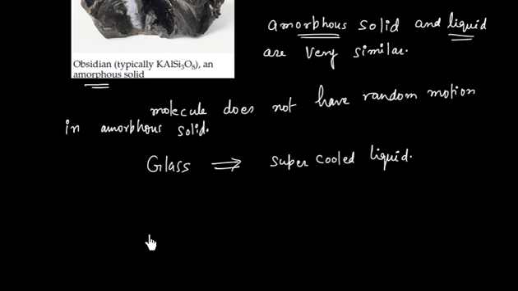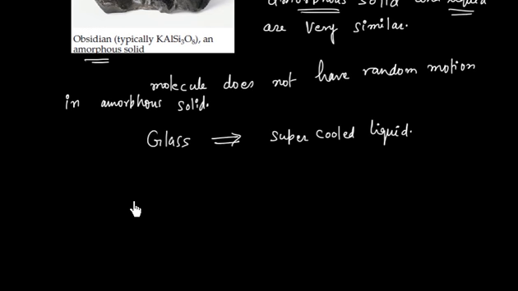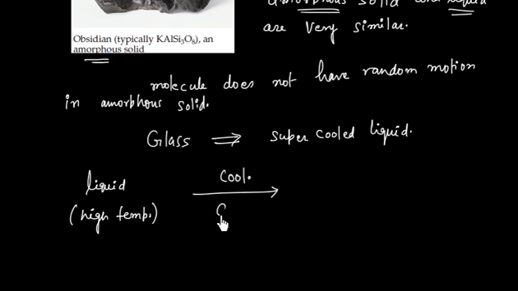Generally, when we cool something very quickly, we get an amorphous solid. So if I have a liquid at high temperature, and we cool it immediately or cool it quickly, in this case we get an amorphous solid.